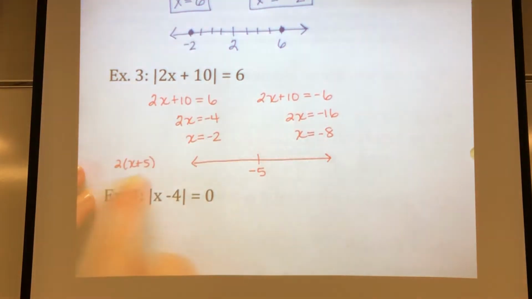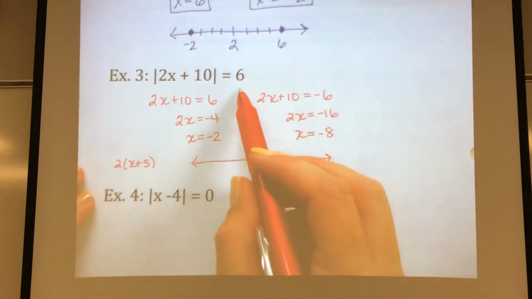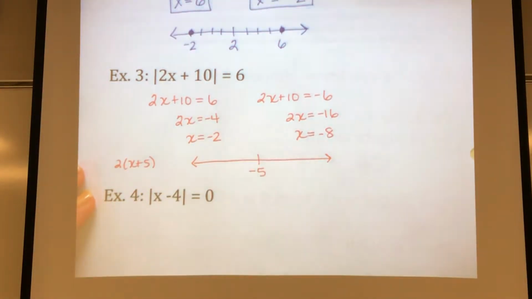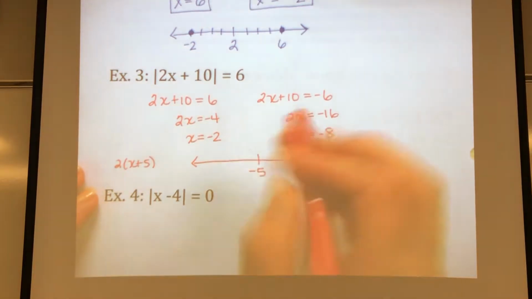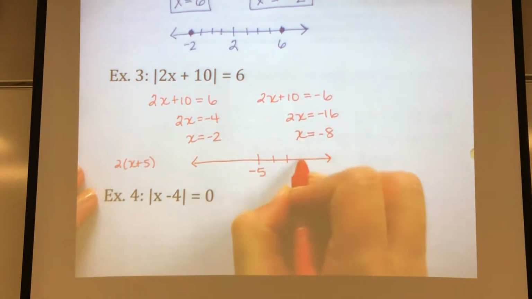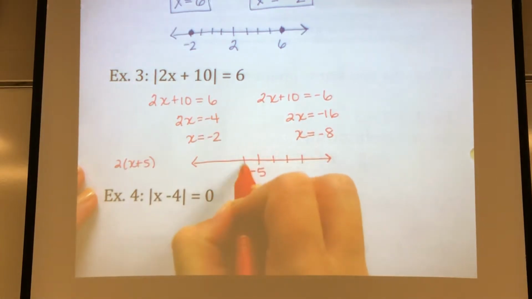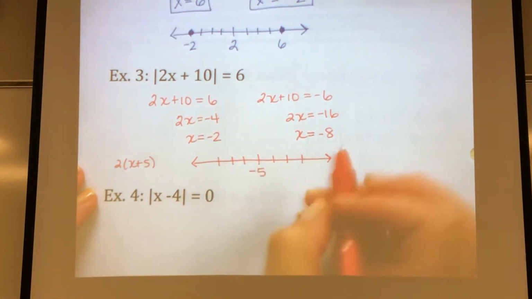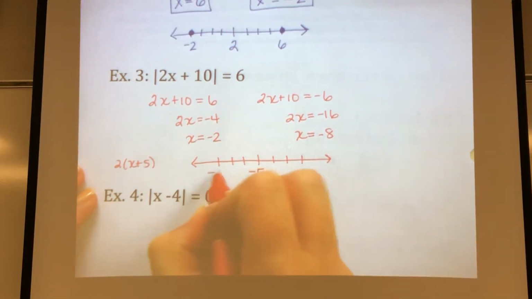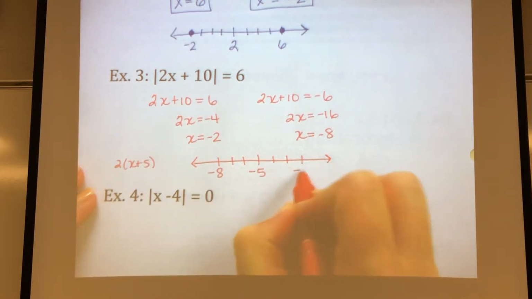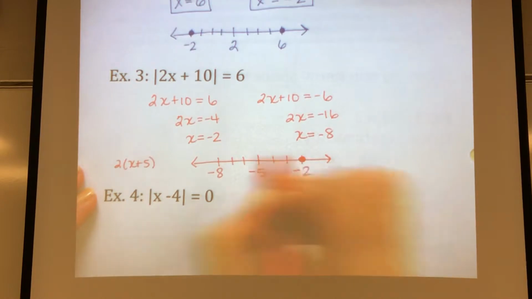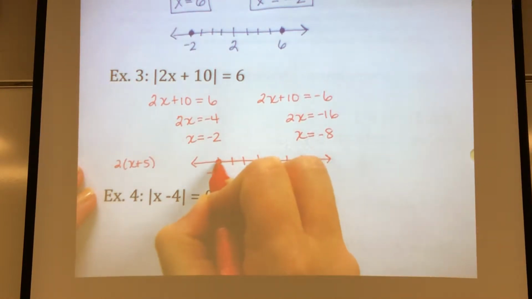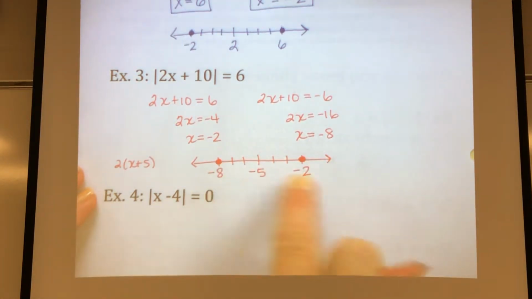So it has shifted us to the left 5. And then from either side of that, we are moving only 3 units, not 6. Again, that 2 affects how we move. Negative 8, negative 2. We divide everything by 2 essentially, and we find our center and our 2 points.